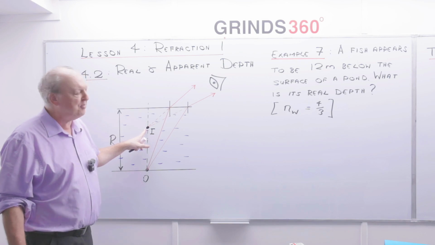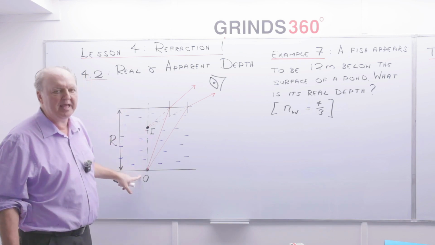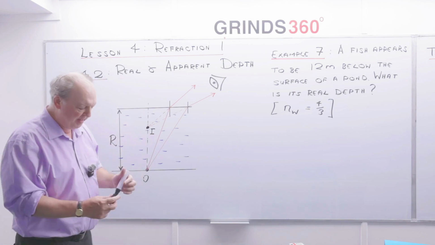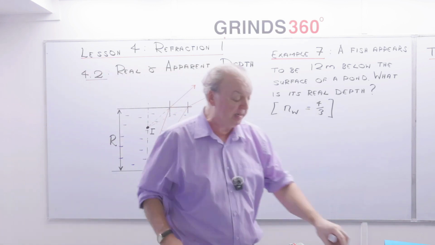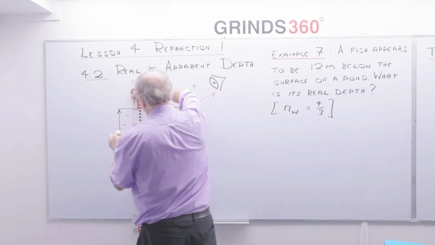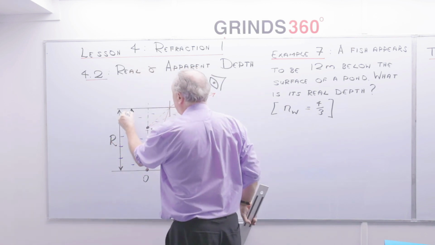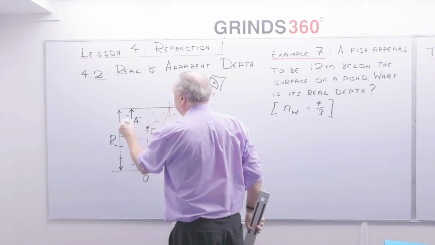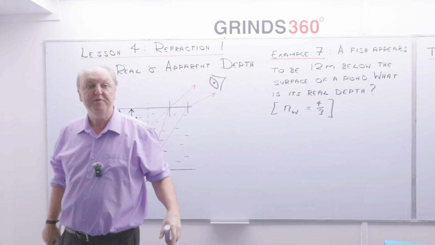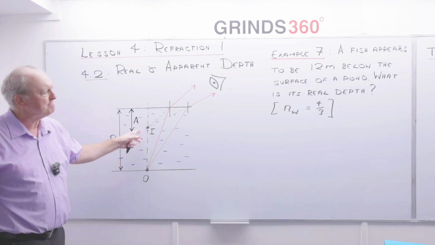The real depth is the depth from the top of the water down to the bottom of the lake, where the fish is. The apparent depth, where the fish appears to be, is from the top of the lake down to where the image appears to be. This is what we call the apparent depth A. I'm calling R the real depth, and A the apparent depth.